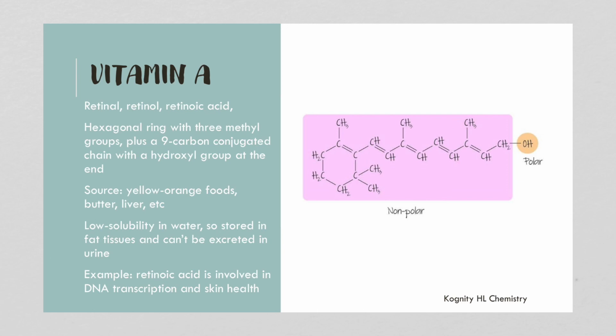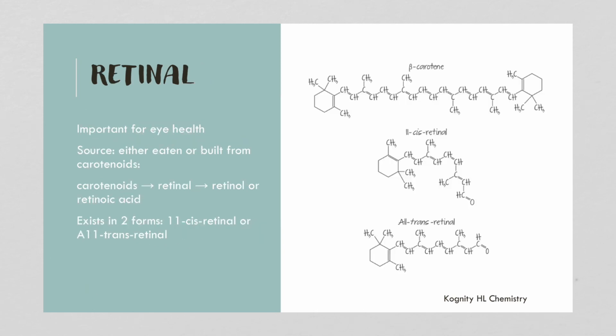So one example of vitamin A is retinoic acid, which is involved in DNA transcription and our skin health. Retinol is important for our eye health, and it can either be eaten or it can be built from carotenoids. If you remember, the structure of beta carotene is here.